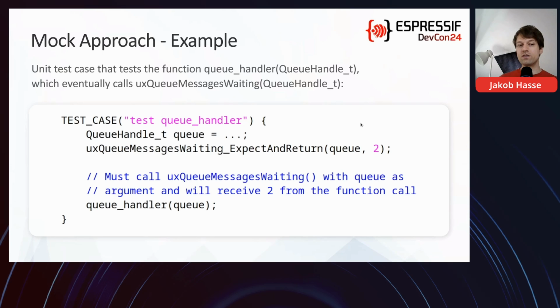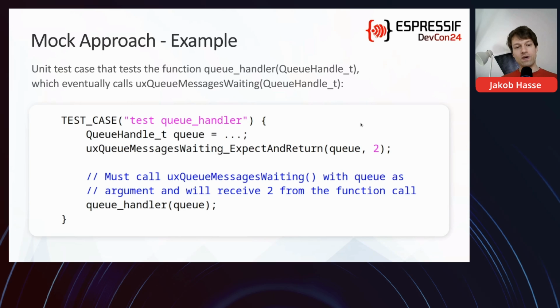Then you call the function uxQueueMessagesWaiting_ExpectAndReturn. From the name you can already see that this function records the mocking behavior of the function that will later be called when the code calls uxQueueMessagesWaiting. In this case, it records the current value of the variable q as the value that should be expected, and then returns 2 in case it's correct.